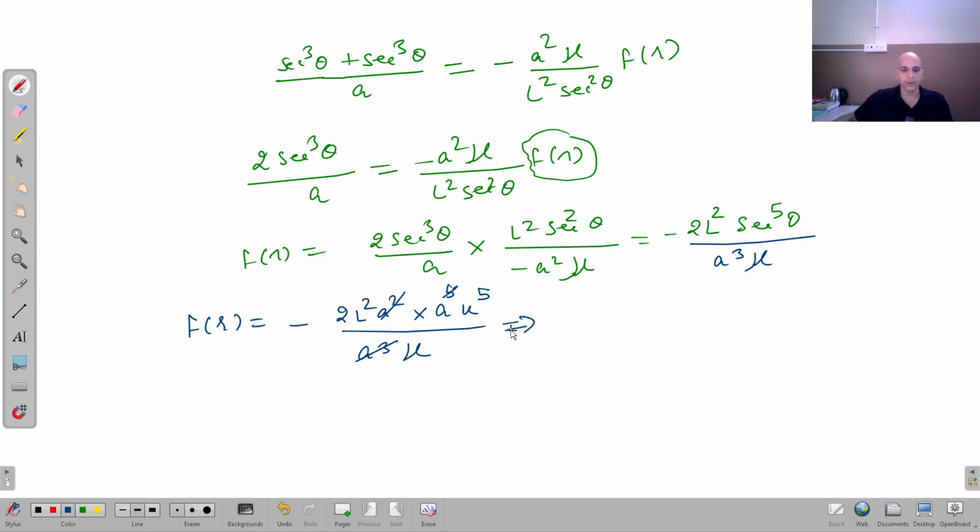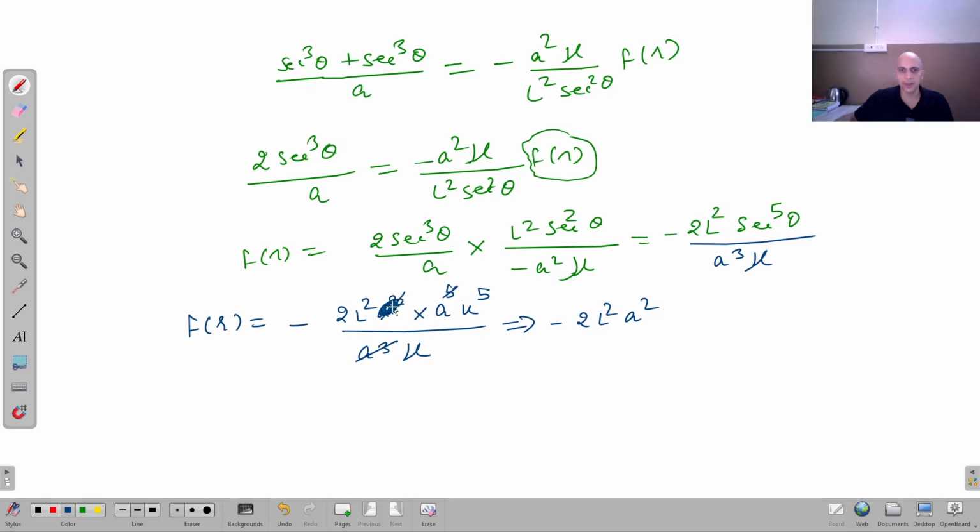So I got minus 2 L square, because here it is power 3, I think I made a mistake here, let me check it. I had used a square here, but secant power 5 means a power 5 u power 5, so a square was not there.